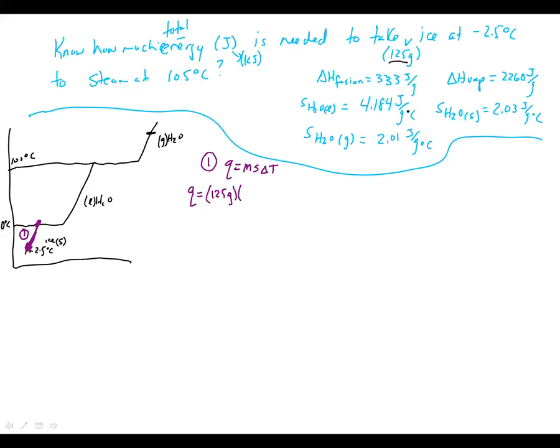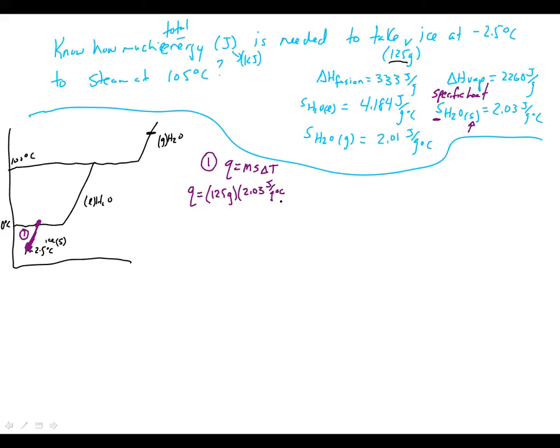So I might have misunderstood Grace's earlier question, but this s here is specific heat capacity. Since it's in the solid phase, we don't want to use the 4.184 version. We do want to use the one for ice, which would be 2.03 joules per gram per degree Celsius.